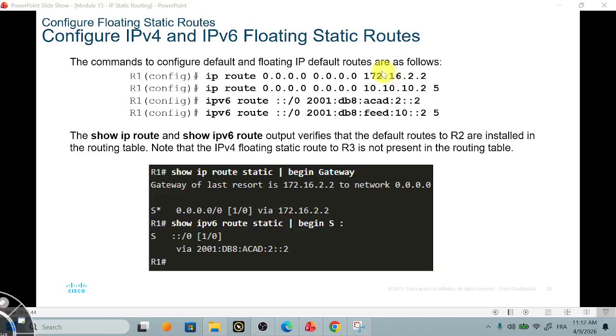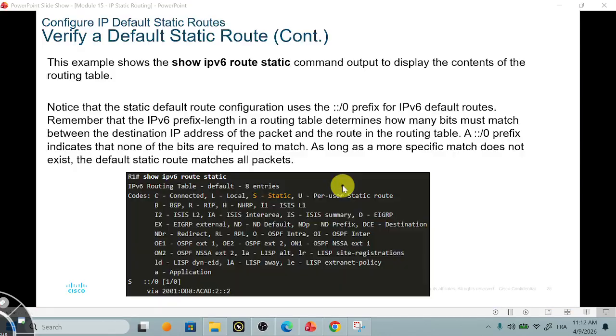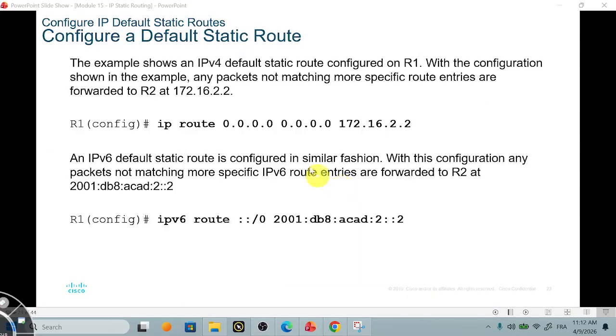So the floating static route is exactly like a static route except that it adds the administrative distance value, here 5. It's the same. If you go to the static route, you will see the same here. Look, ip route 0.0.0.0 0.0.0.0.